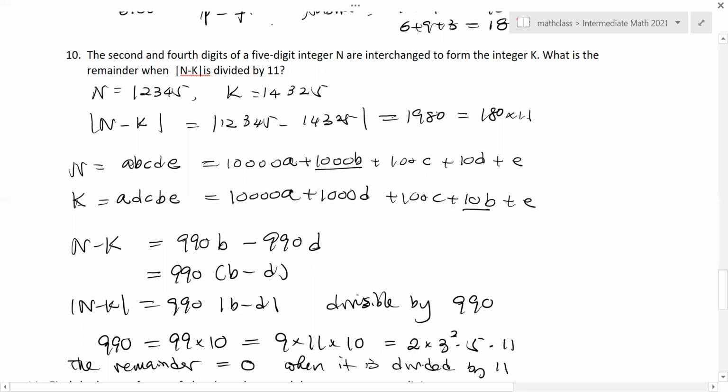Now, if you only try a couple different numbers for n, and you look at the difference and find out it's divisible by 11, then for a problem on the exam maybe you just put the answer there. The remainder is 0, because you assume that the answer is definite, only one answer. But that's not a proven fact. In mathematics that's just a conjecture.